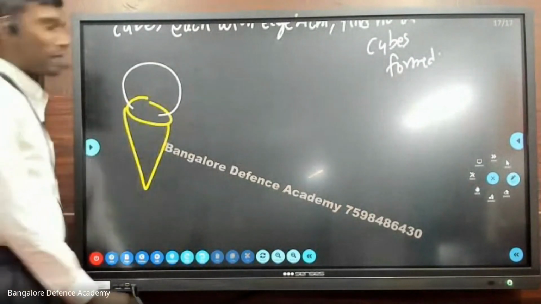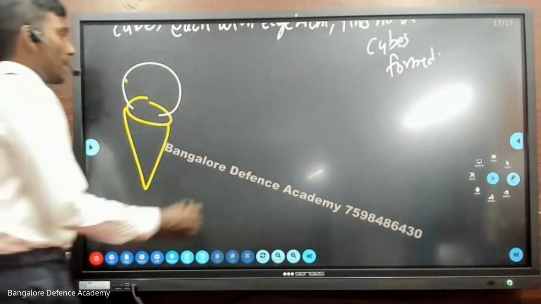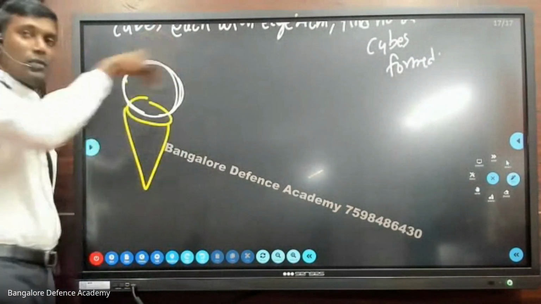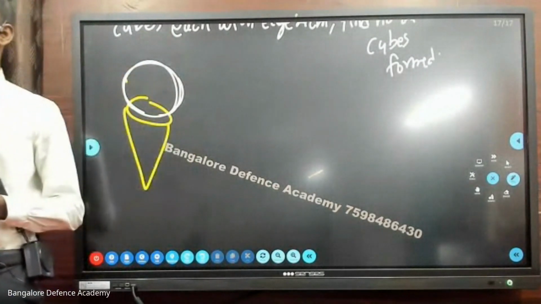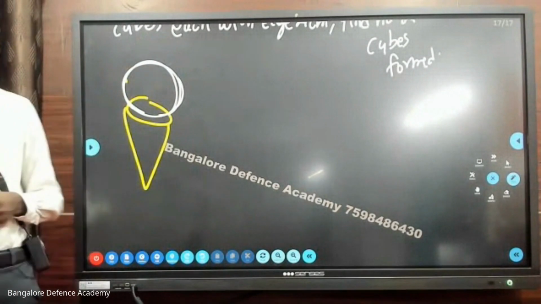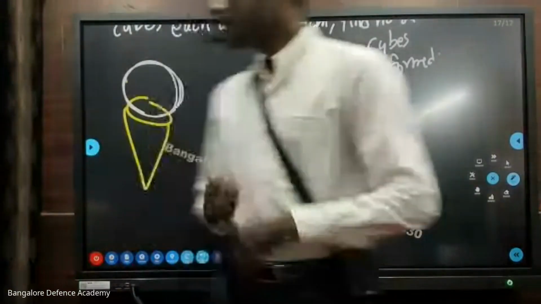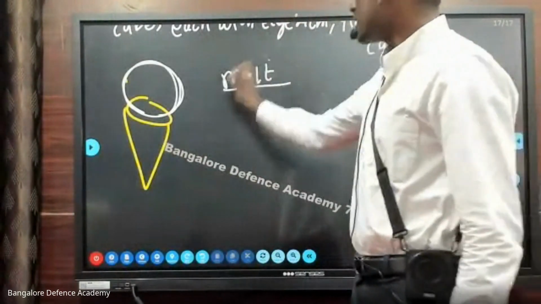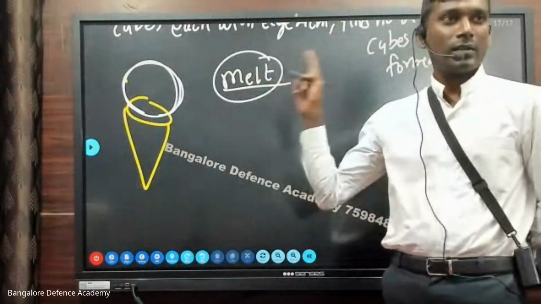Imagine this vanilla ice cream on top. Can I make this sphere on top, this football, round shape, into a different shape? I can make it into any shape. So to make it, I have to melt it a little bit. Correct? So whenever I am going to melt something, this is your keyword. In the question, you have to search for a word that is melt.